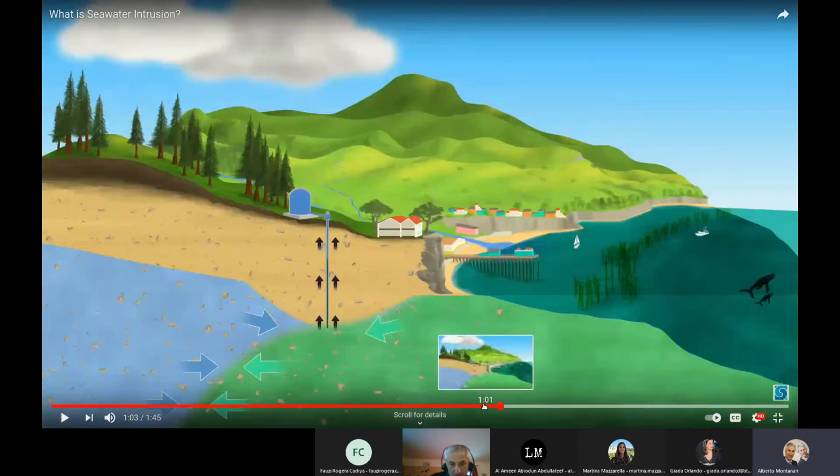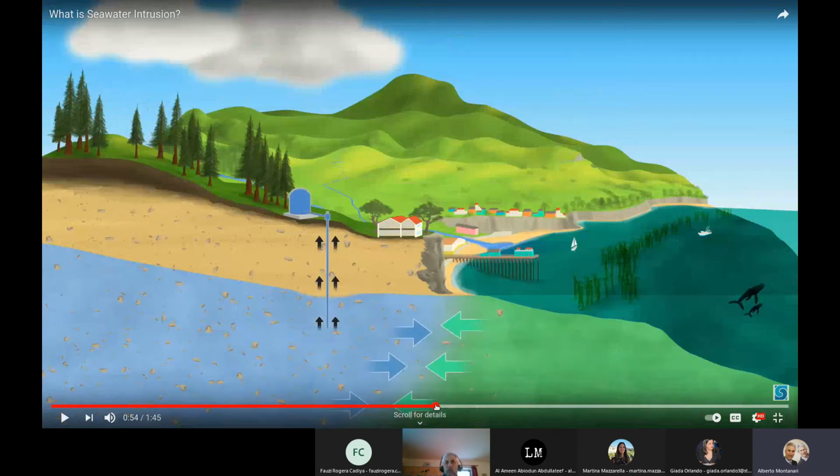A little bit back. So you see, when you start pumping, the level of fresh water in the ground decreases, of course, because you are extracting water, which means that the pressure of fresh water against salt water decreases.